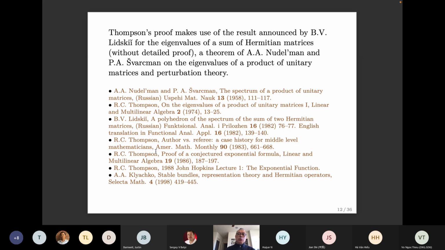And Thompson also used a theorem in the area of perturbation theory in order to finish his proof. But at that time, the proof of Lidskii's claim was not given, okay? So it was a little bit skeptical, but later it turns out Lidskii's announcement or claim is true, but it requires very deep proof from other people. So I just want to mention that. So anyway, Thompson's result is true.